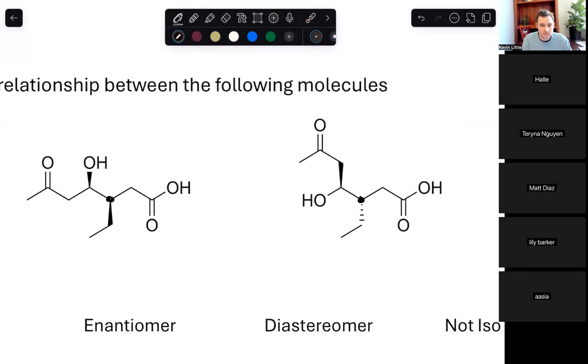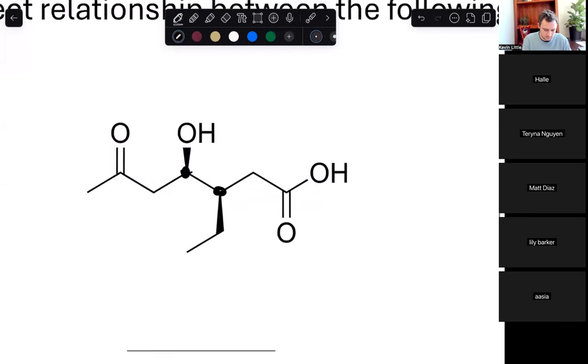But I don't know if this stereocenter and this stereocenter are the same or different because they're not drawn in the same way. I can't just say there's a wedge, so therefore it's the same. I have to find the RNS of this. So this is a good time to talk about finding RNS.